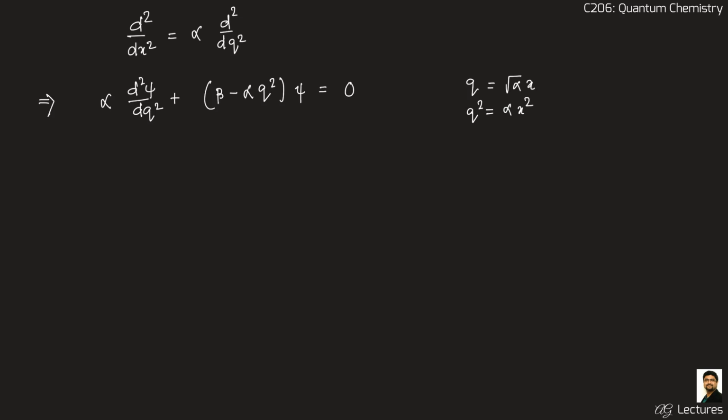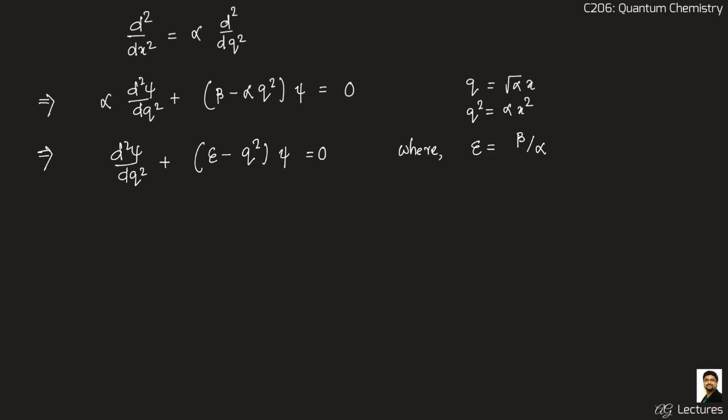So the next step would be dividing this equation by alpha, and we get the equation d²psi/dq² plus (epsilon minus q²) psi is equal to 0, where I have introduced another symbol epsilon, given by epsilon is equal to beta over alpha.